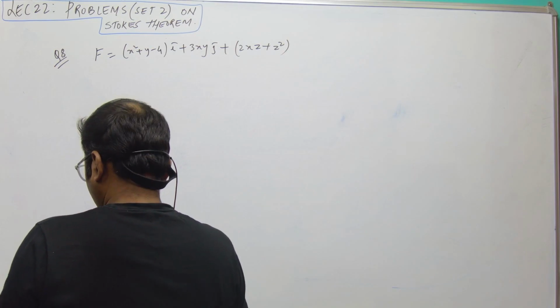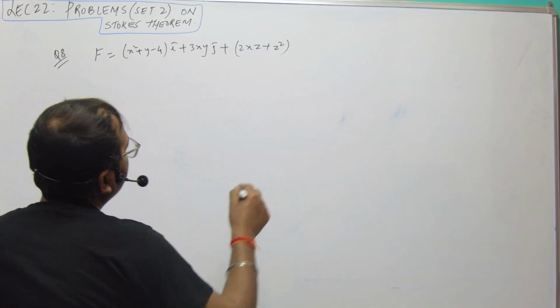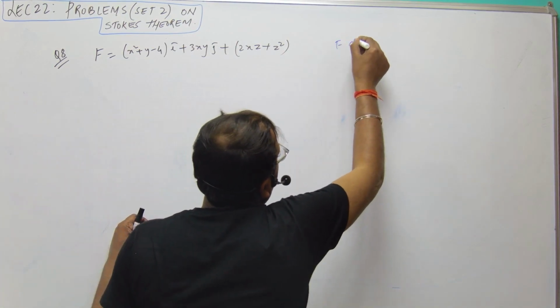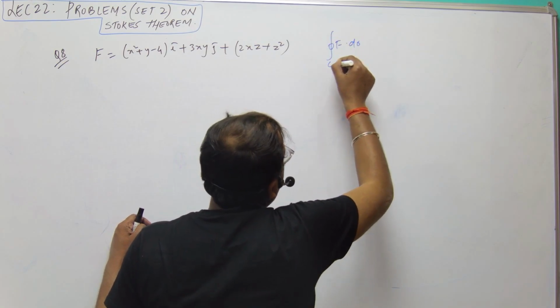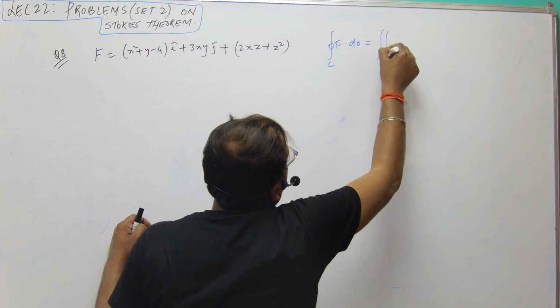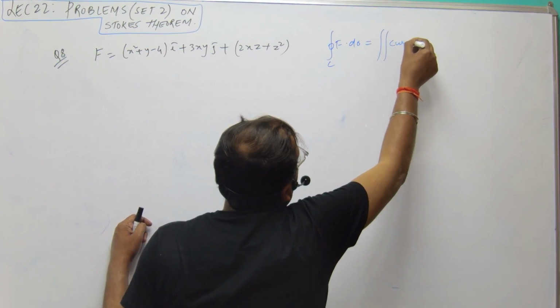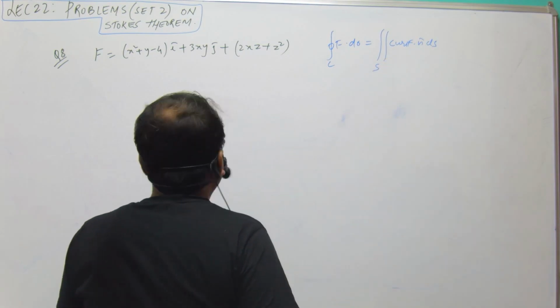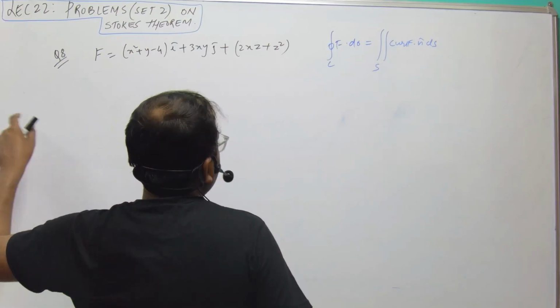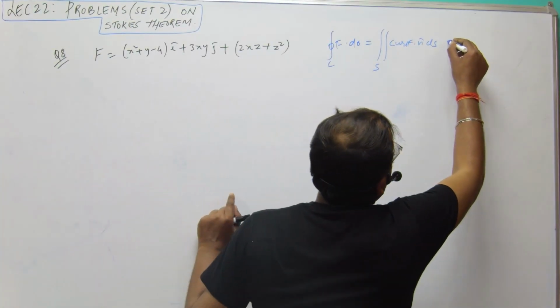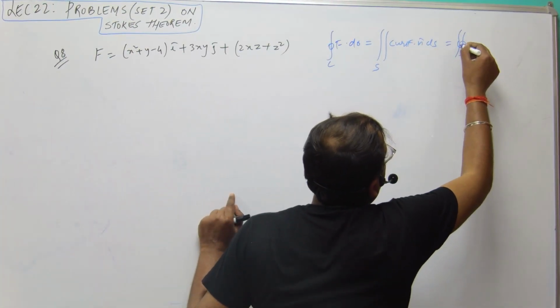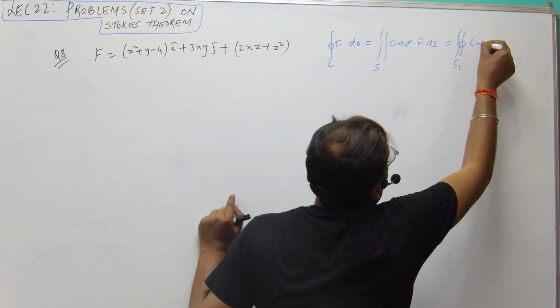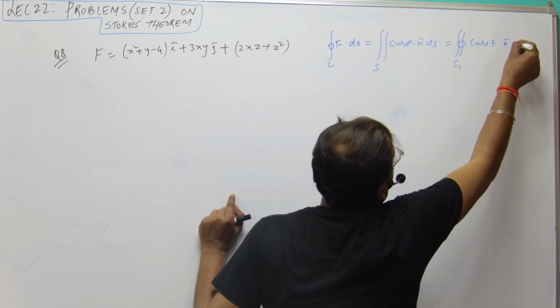Okay, so from Stokes theorem we have the integral of F dot dr along the curve C is equal to the integral of curl of F dot n cap into dS along the surface S, and based on the result in the previous question, this we can write as the surface integral along the surface S1 of curl of F dot k cap into dS.